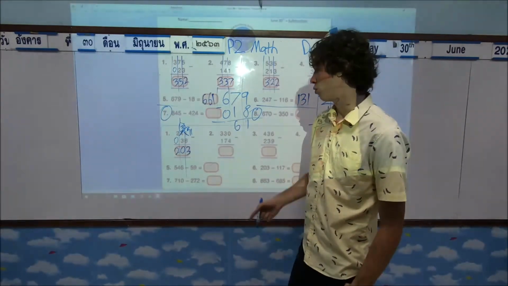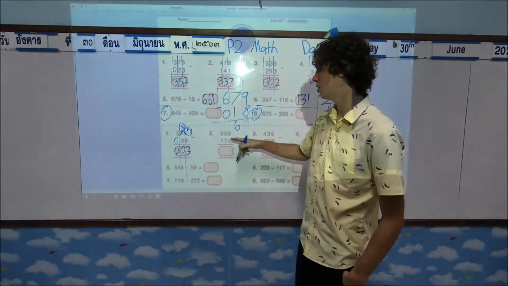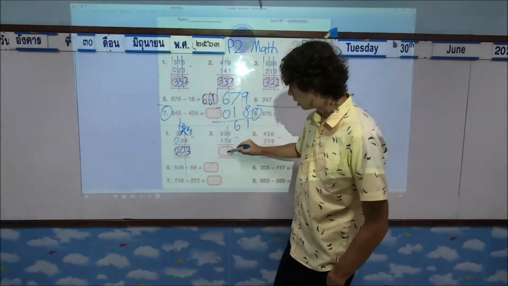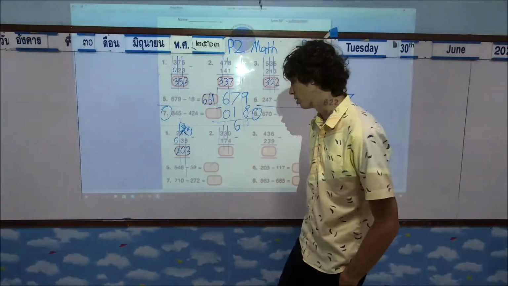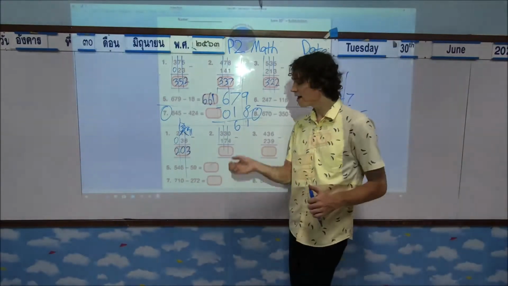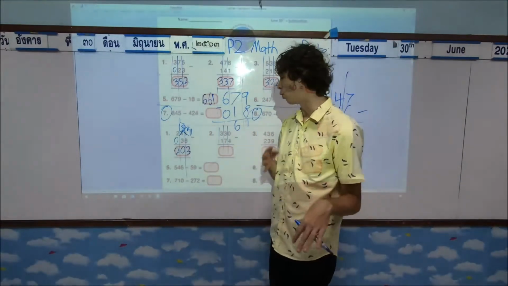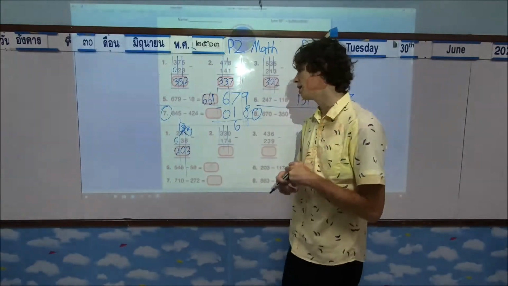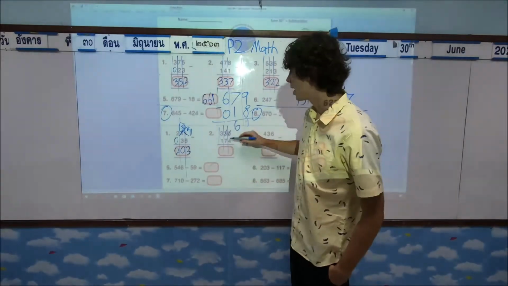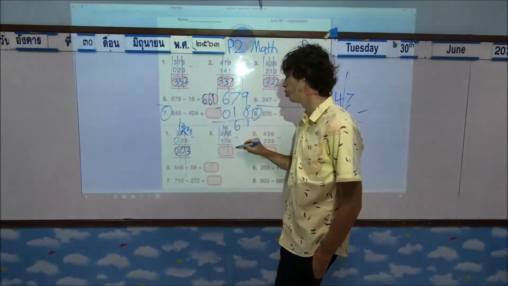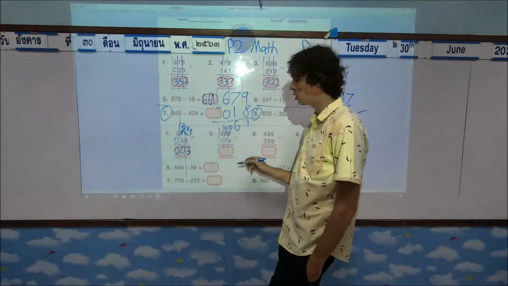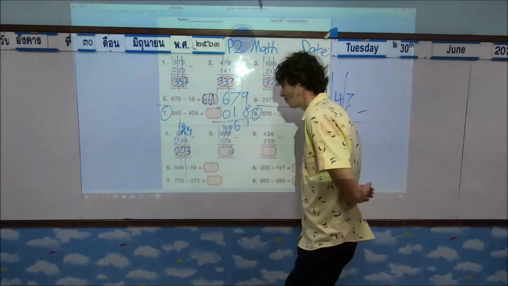Okay, number 2, 330 minus 174. Ones, tens, hundreds. 0 minus 4. If I have 0, can you take away 4? No, we cannot. We have to borrow. Cross those out. Minus 1, 10, 2. Plus 10, 10. 10 minus 4, 6.